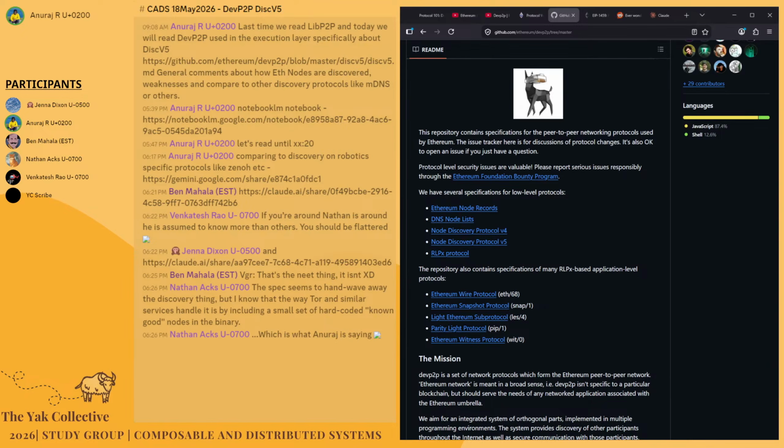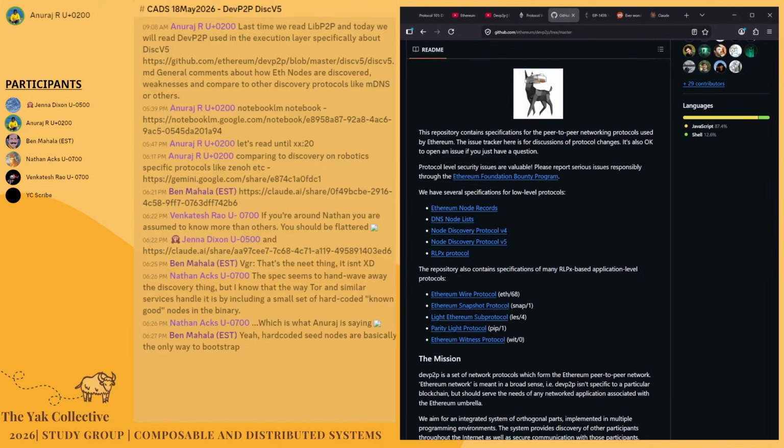And when libp2p was mature enough, and when the merge happened, the consensus layer moved on to libp2p, and I think the lecture also said that there has been no need to update the execution layer protocol to libp2p.